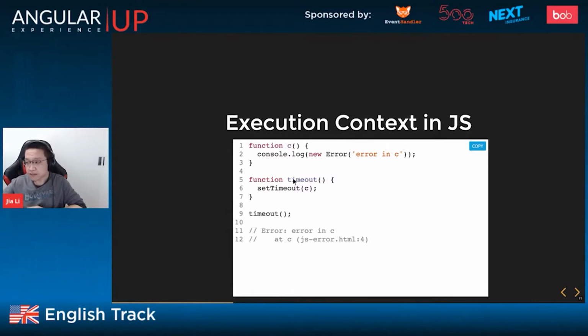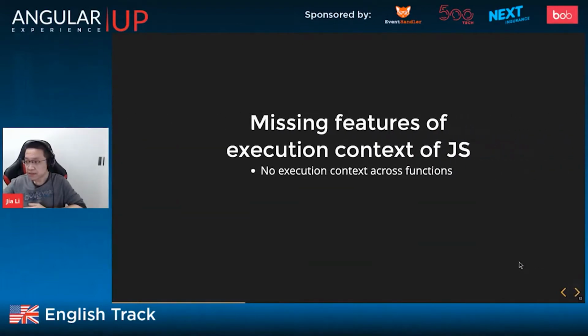We will lose the information of the function that schedules this setTimeout operation. So this is kind of a missing feature of the execution context of JavaScript. There is no execution context across functions, especially for asynchronous operations.